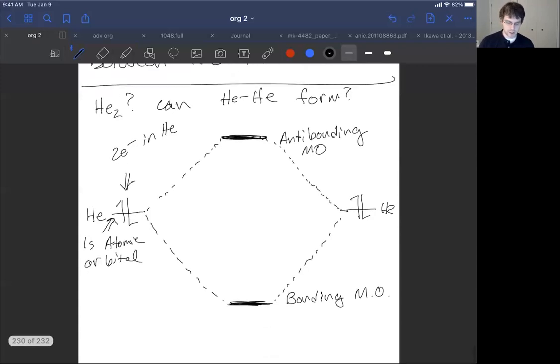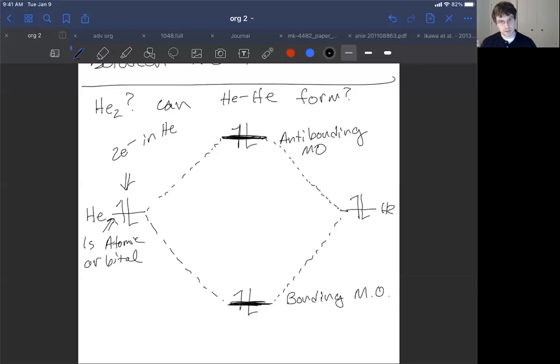And what we can do is now fill up these orbitals with the electrons from our atomic system. So I'm going to put 2 electrons down below because we always start with the lowest energy orbital and add electrons until it's full. We fill up at 2. Okay, so we have 2 electrons. And now what are we going to do with the next 2 electrons? Well, we have to put them in the next orbital that's available, and that's the antibonding molecular orbital.